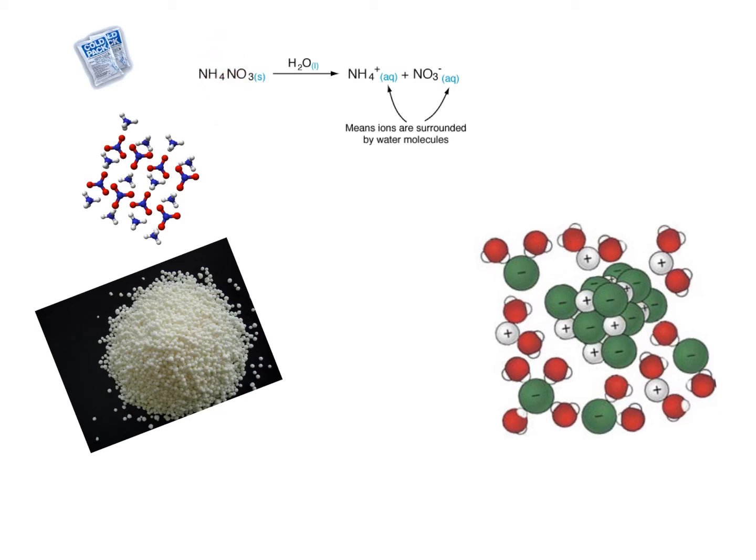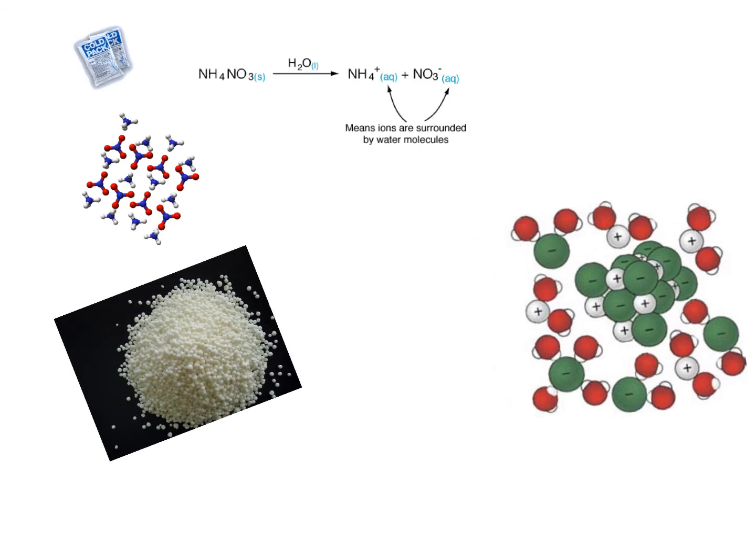So to separate this into ammonium and nitrate ions, which is what's going to happen when you break the cold pack and let the water mix with the ammonium nitrate, the water molecules are going to have to separate the ammonium and the nitrate ions and solvate this compound, and that is an endothermic process, meaning that energy is going to need to be consumed in order for this to happen.